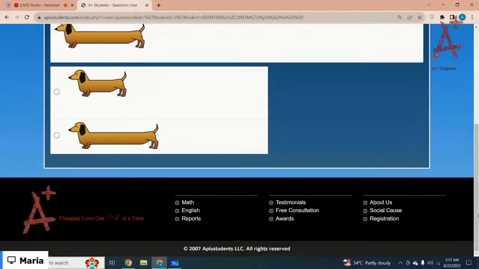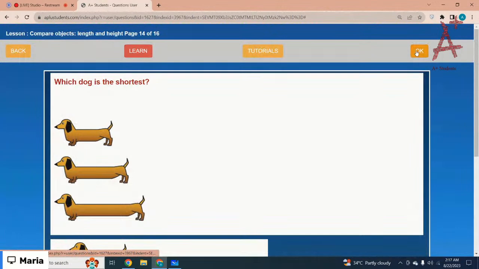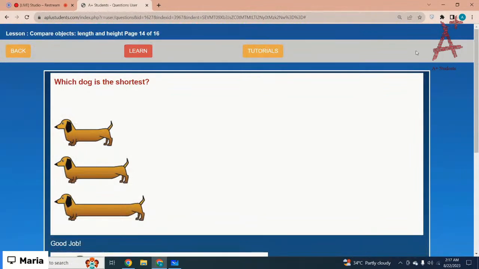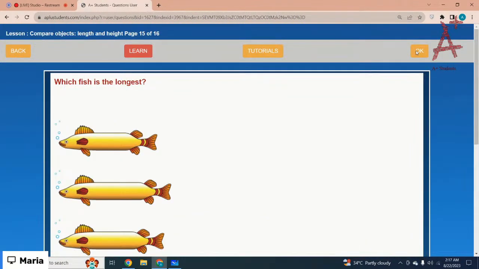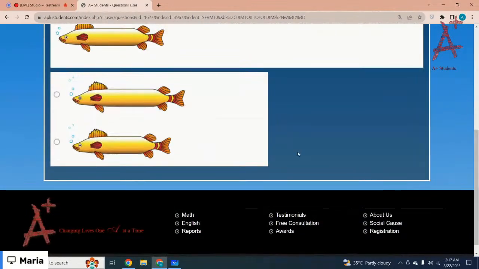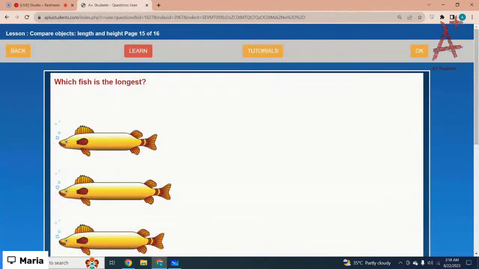That would be shortest and I selected the longest one, sorry. Which dog is the shortest? Option number 1 is the correct option. Which fish is the longest? Which is the correct option? Option number 1 is the correct option, right? Because you have to select the longest one.